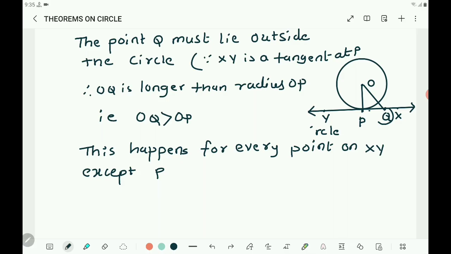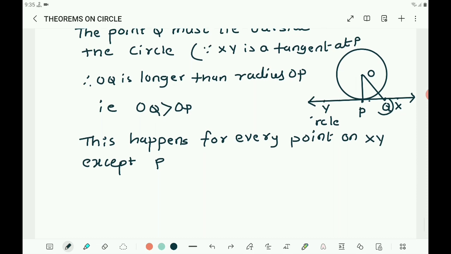So then what becomes of OP? OP is the shortest among all the lines that can be drawn from O to XY.